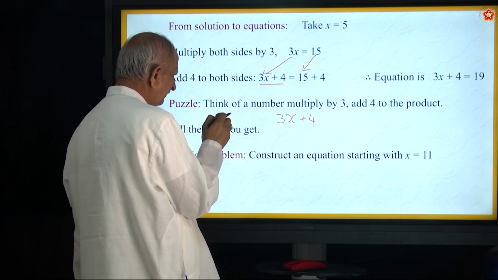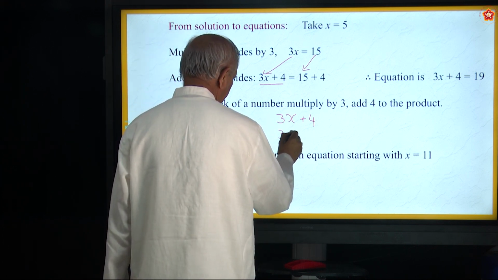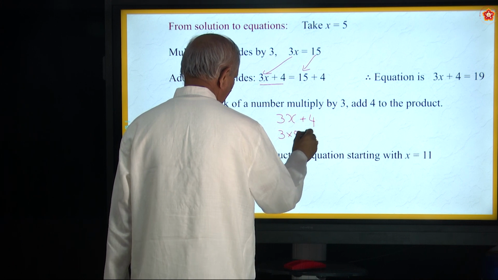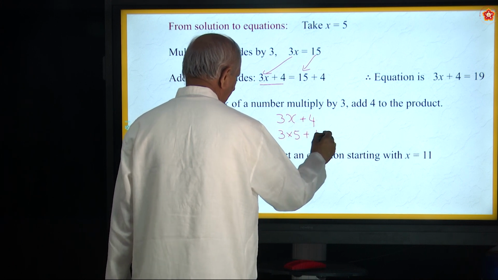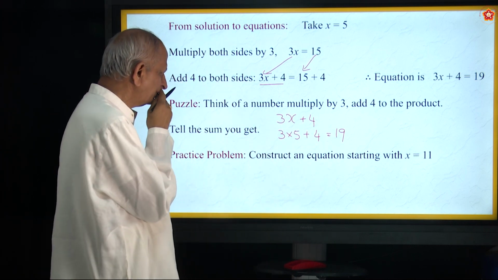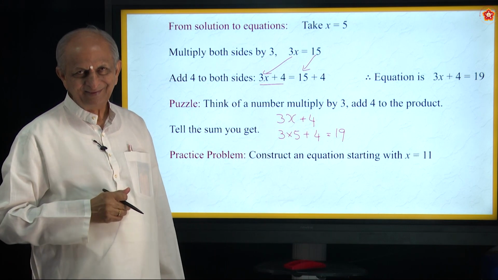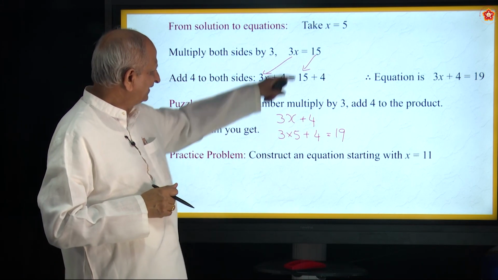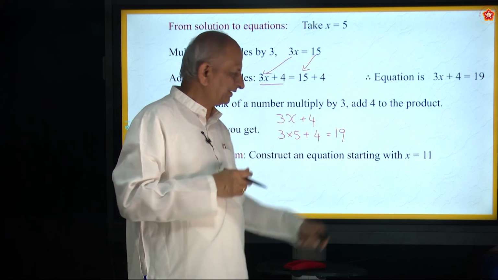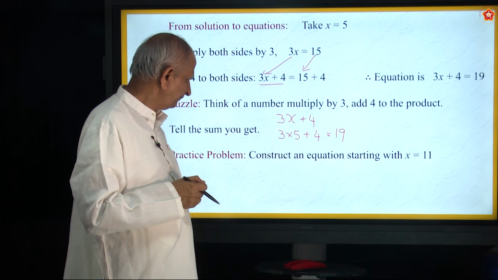So, suppose you think of a number, say 5, 3 into 5 plus 4, 15 plus 4 is 19. That is the equation you get. So, same thing, we started with that and we got the equation. Same thing in word form.